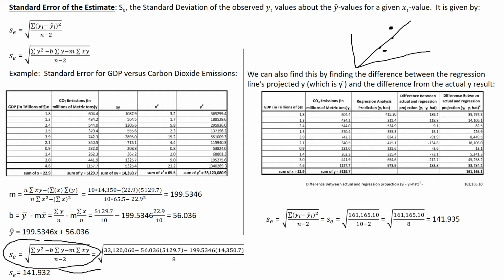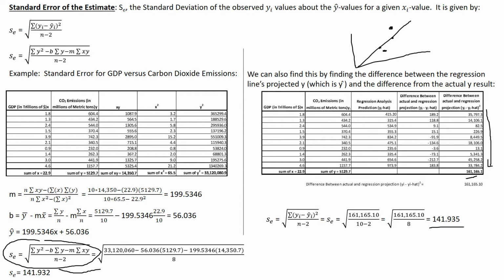We find those differences, square them, and sum it all up. You can see I get 161,165, which still gives me 141.935, only 3/10,000ths off. So either way works. But what we're looking at basically is the error between what's projected and what the actual result is based on the data we have.